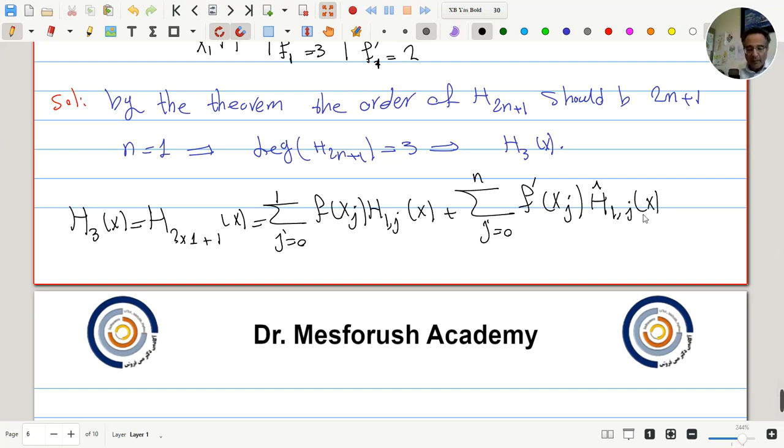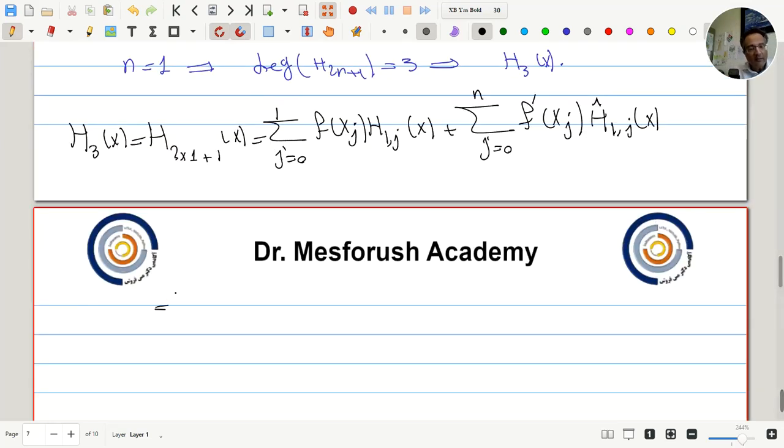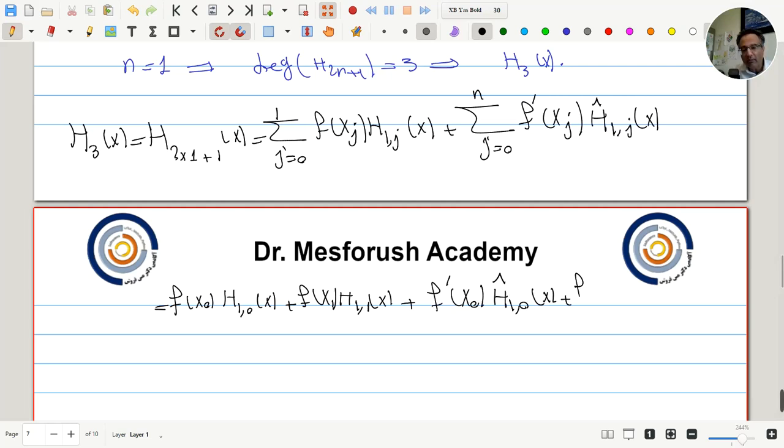Okay, so if I open these two sigmas, I will get f of x0 H10 of x plus f of x1 H11 at x plus f prime of x0 H hat 10 at x plus f prime at x1 H hat 11 at x.